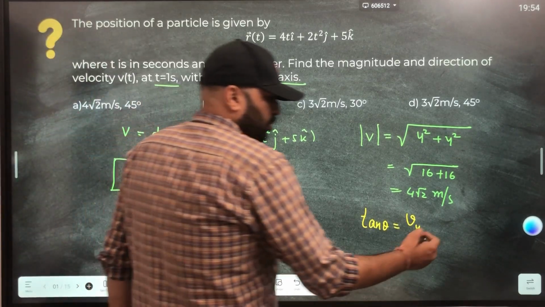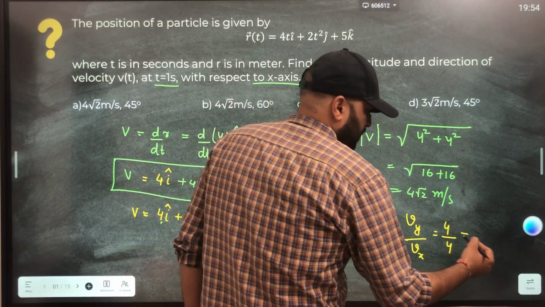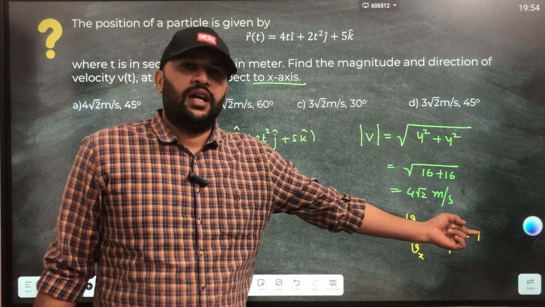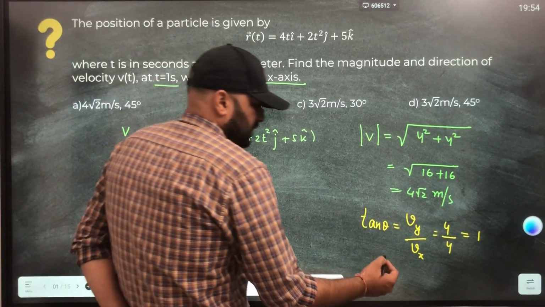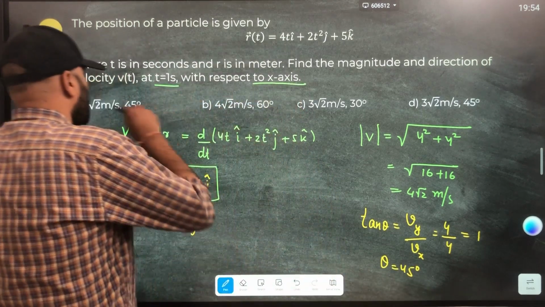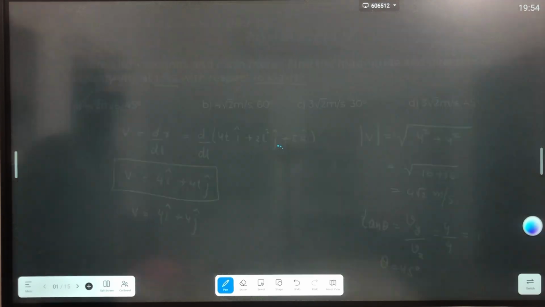So when you divide both, you get 4 upon 4, which equals 1. For what angle is tan theta 1? Tan theta is 1 at 45 degrees. So the correct answer for this problem is option A. I hope this is clear. Quite interesting and very simple problem. Let's see the next one.